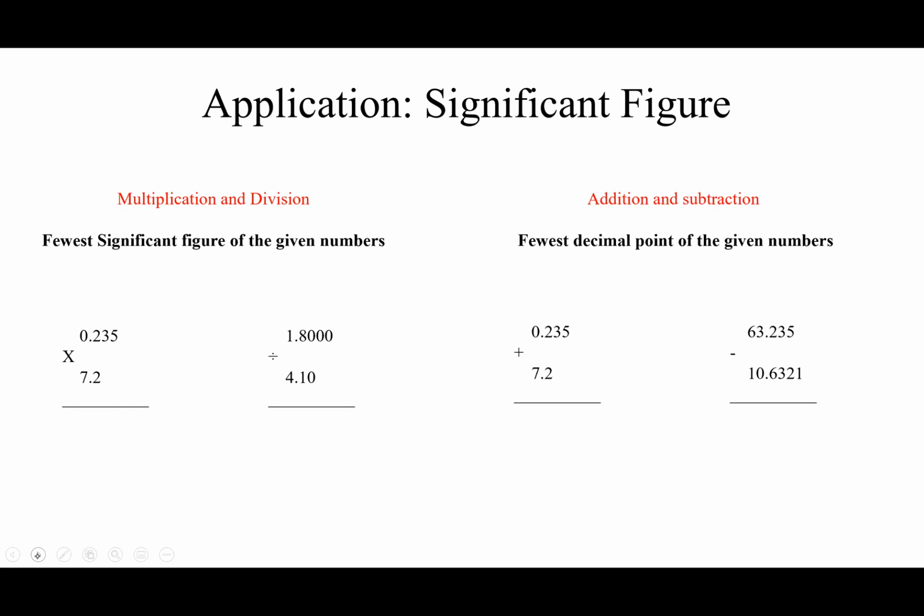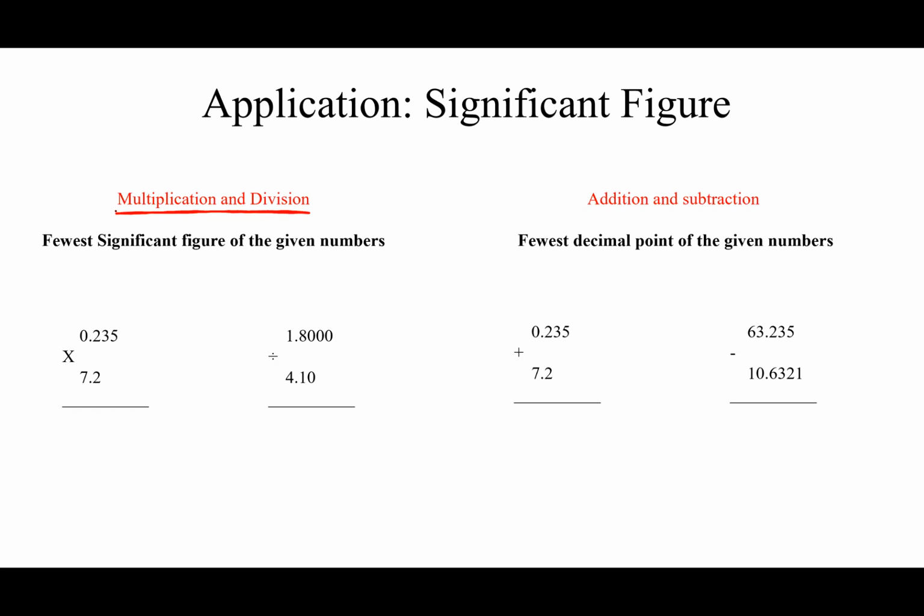So we are going to apply the significant figure rules for different mathematical expressions. The first one we're going to talk about is multiplication and division. Whether you are just multiplying, just dividing two numbers, or a combination of multiplication and division, how many digits should be in your final answer?